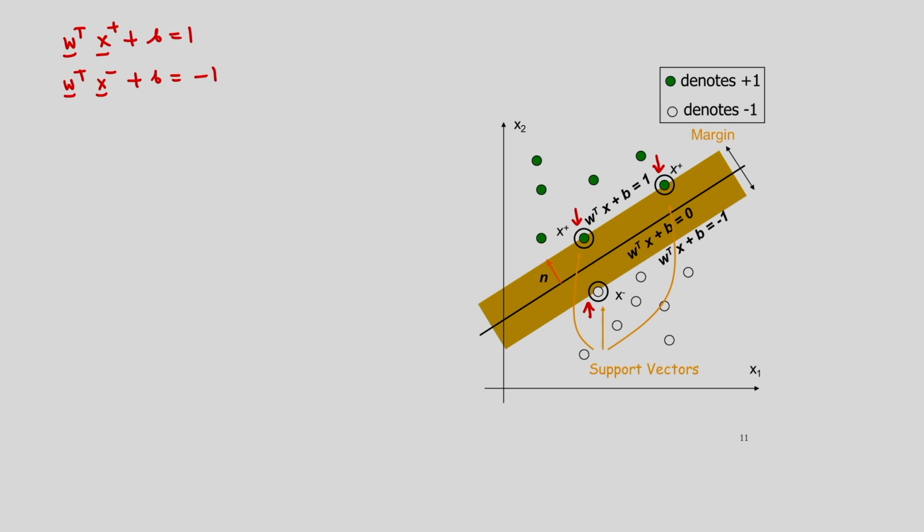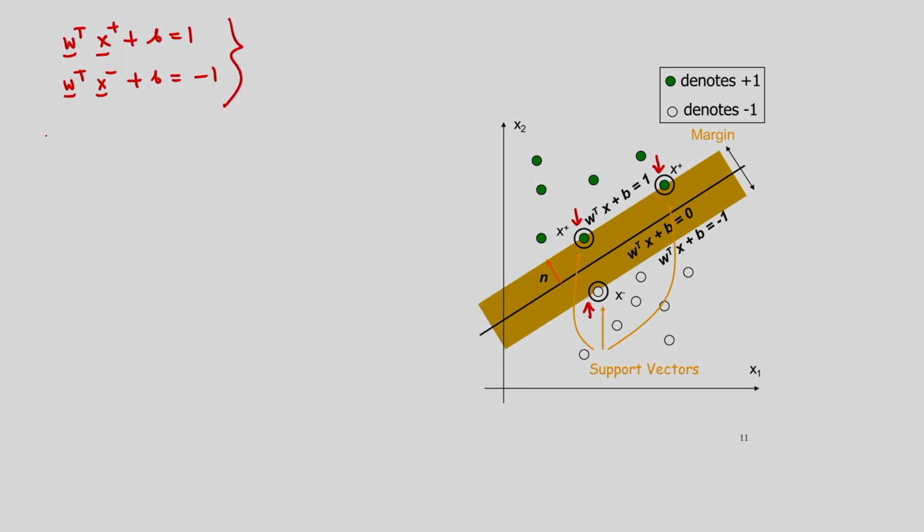So I can write these two equations corresponding to the support vectors x plus and x minus. So I think you understand the concept of the support vectors. I am increasing the decision boundary so that it just touches the support vectors. So beyond that I cannot increase my decision boundary.